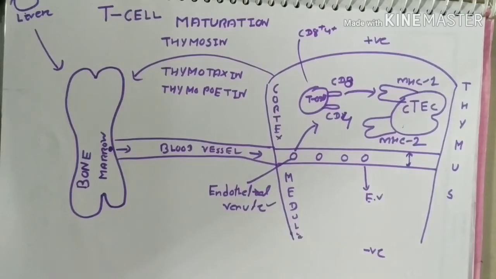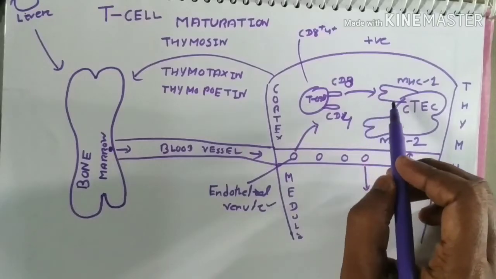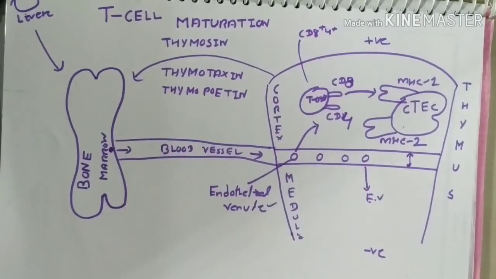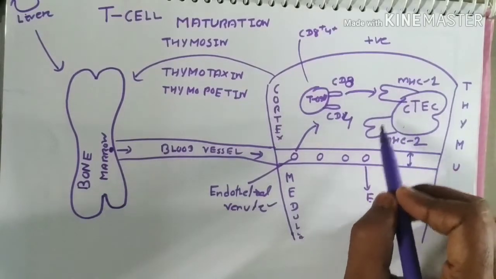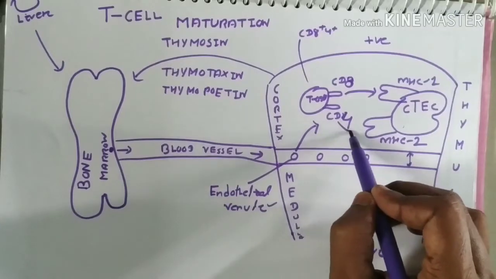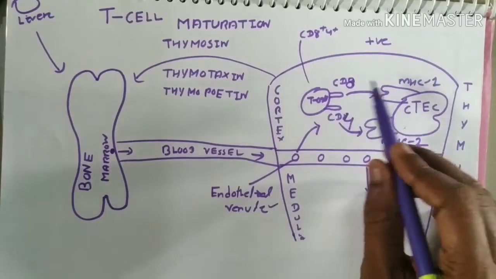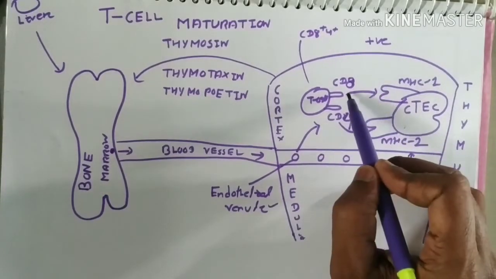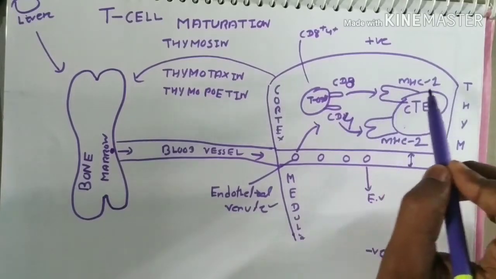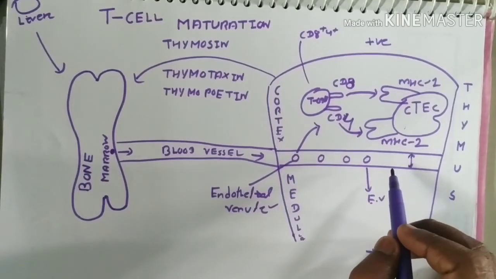These CD8 and CD4 receptors have specificity. The CD8 receptor binds to MHC1 and the CD4 receptor binds to MHC2 only. So in such a situation, only one thing has to happen: either CD8 will bind to MHC1 or CD4 will bind to MHC2.